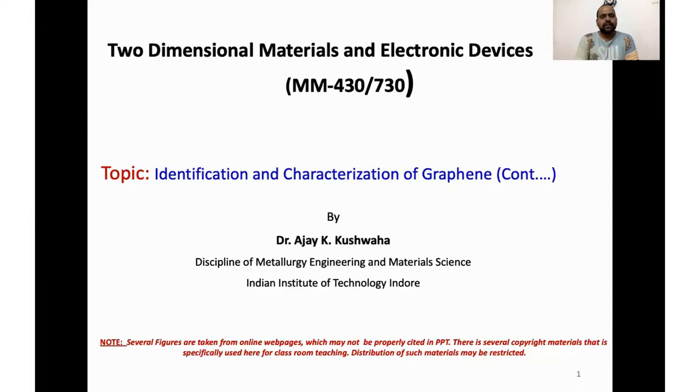Apart from the structural properties, which is particularly the atomic representation of graphene, we can also get some information about the electronic structure of graphene. So as we discussed, microscopy is one of the tools to analyze the graphene structure.